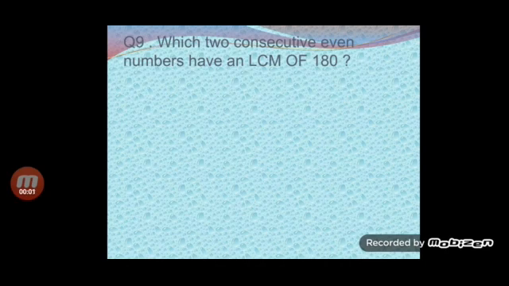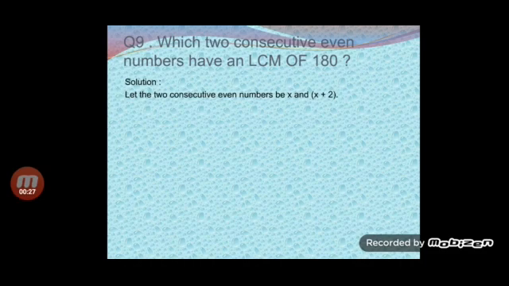Which two consecutive even numbers have an LCM of 180? Now this you can solve orally also by finding out the multiples, but instead of that we are using a method to find out. Let's see which it is. Now in this method we let the two consecutive even numbers be x and x plus 2. Why x plus 2?